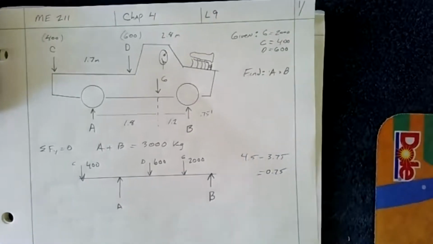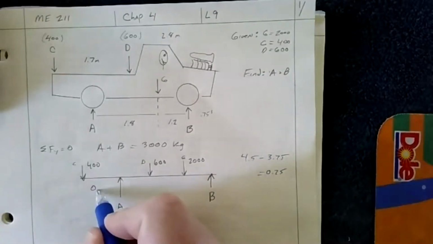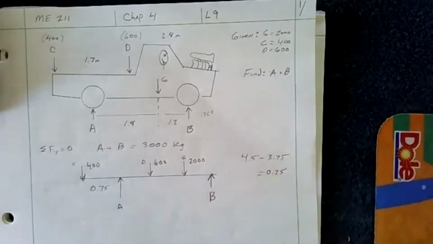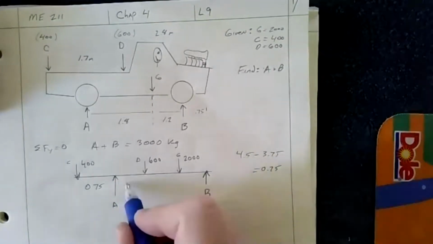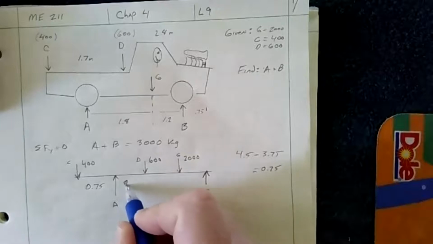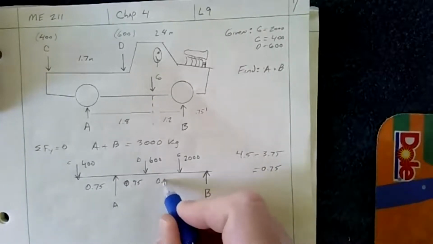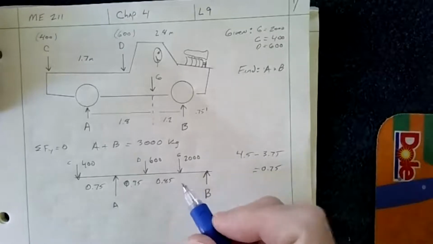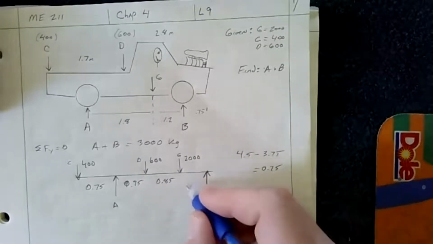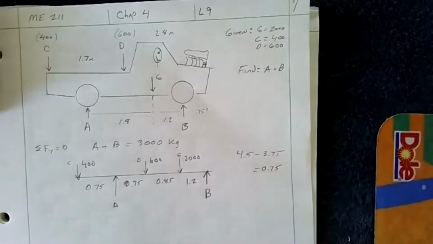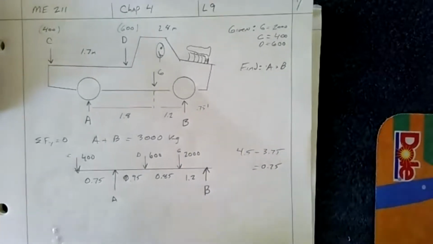By looking at the geometry, you can figure out the distance is 0.75, and this is all in meters. This distance then is 0.95, this distance is 0.85, and this last distance here is 1.2. So I have my distances.